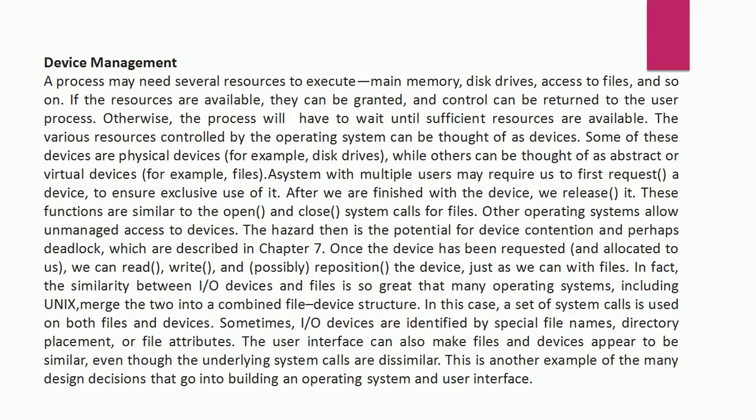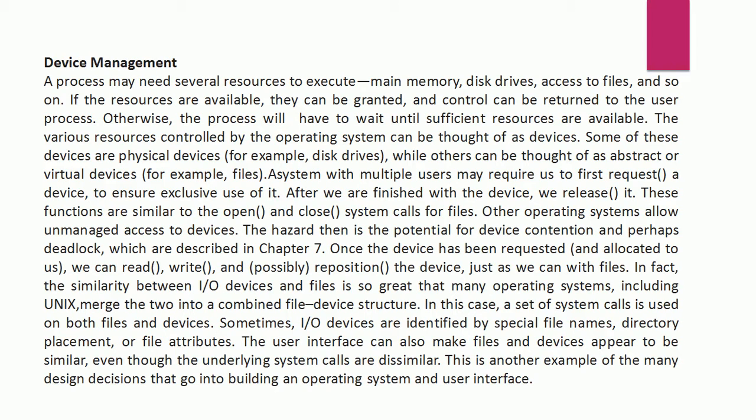A process has several resources to execute, such as main memory, disk drives, access to files, and so on. If the resources are available, they can be granted and control can be returned to the user process. Otherwise, the process will have to wait until sufficient resources are available.